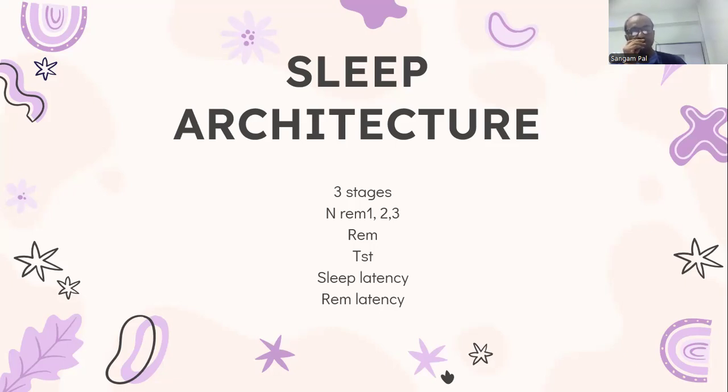After stage three, an individual goes into REM sleep, which is called rapid eye movement sleep. All muscles of the body are almost paralyzed except the heart, diaphragm, and extraocular muscles, and the brain is active. It utilizes the same amount of oxygen as in the awake stage.